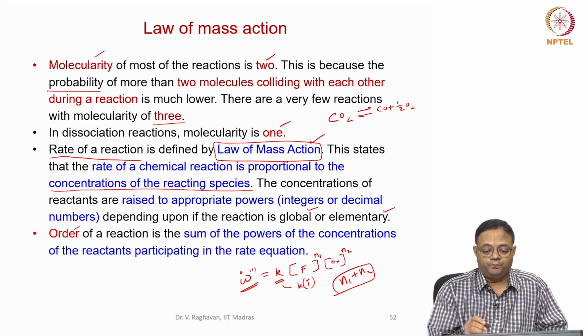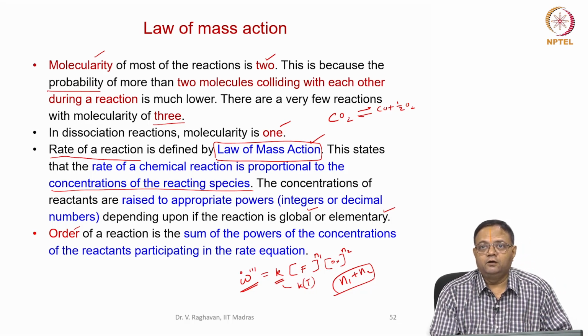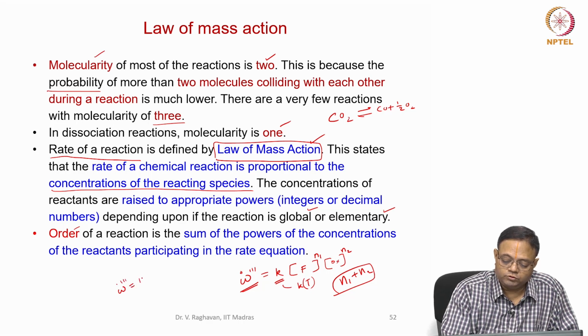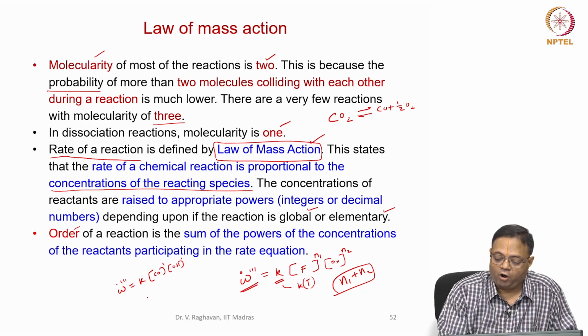If you take the CO plus OH reaction, the reaction rate will be equal to some K times the concentration of CO times the concentration of OH, each raised to the power 1, because that is a molecular level reaction only. So, here the order will be equal to 2, which is equal to the molecularity.